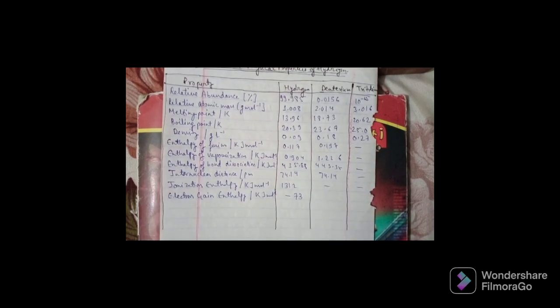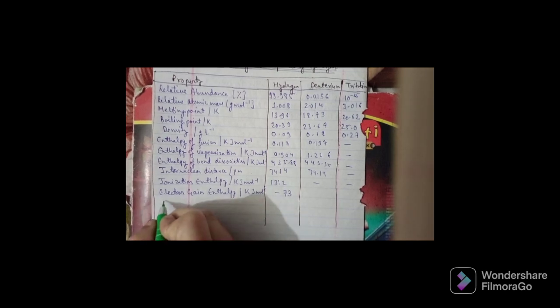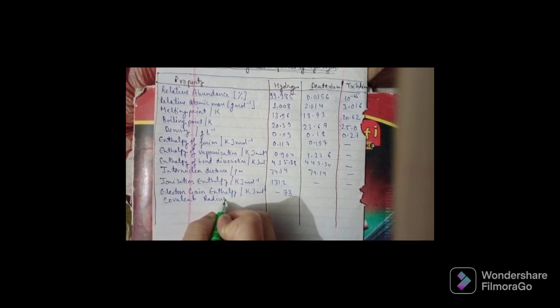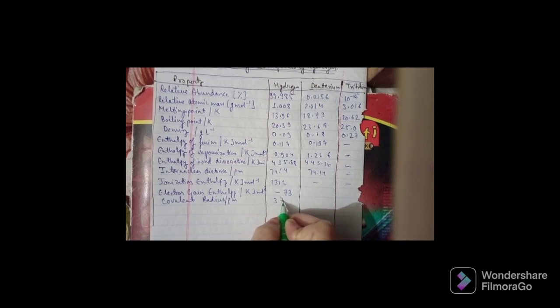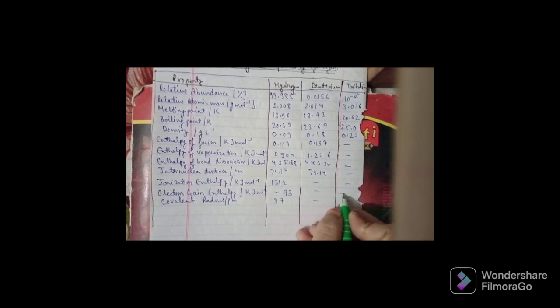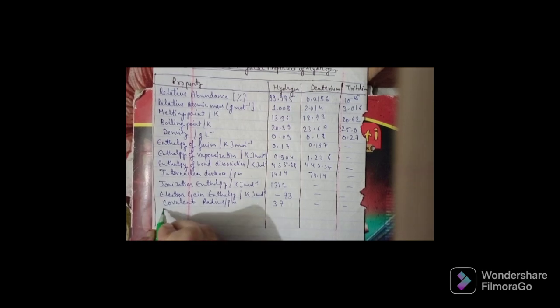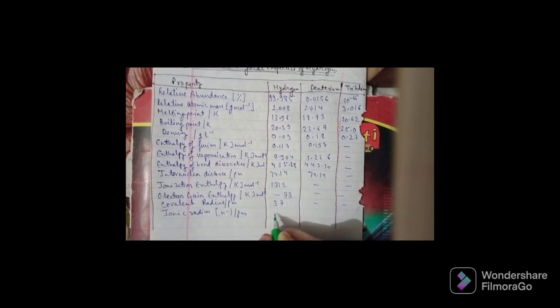Now the covalent radius, in pm, is 37. Then the ionic radius, in pm, is 208.